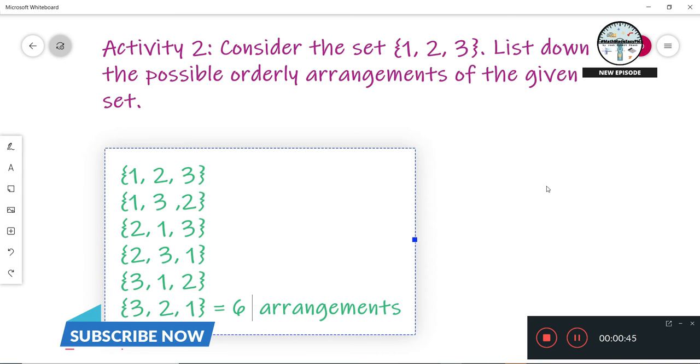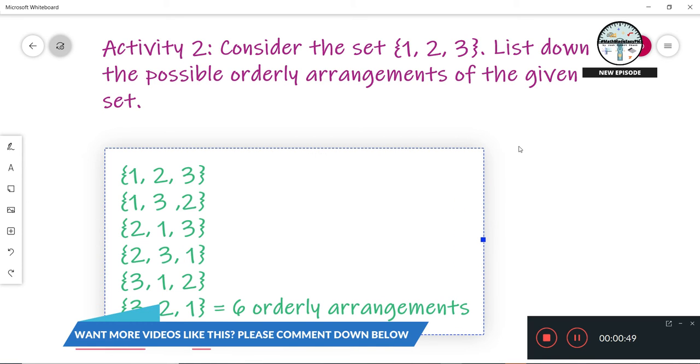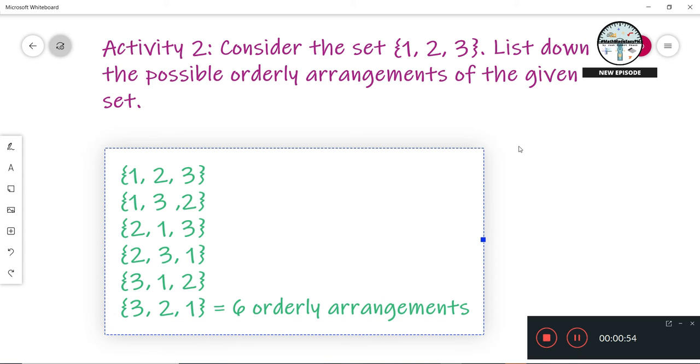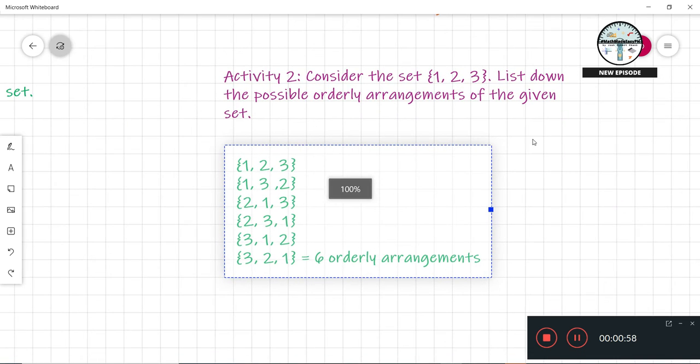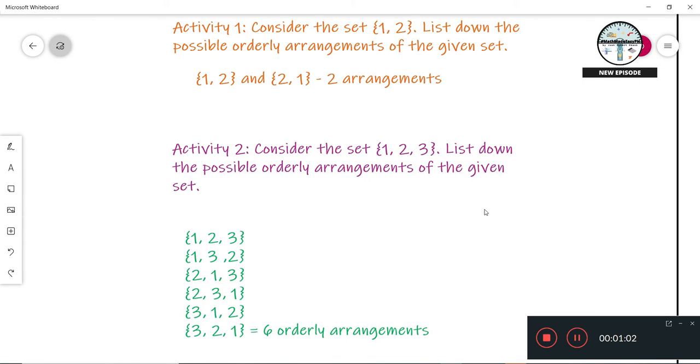Okay. So what are your insights about these activities that we have done? As you can see here, you've been tasked to list the orderly arrangements of the given sets. And notice the phrase orderly arrangements.